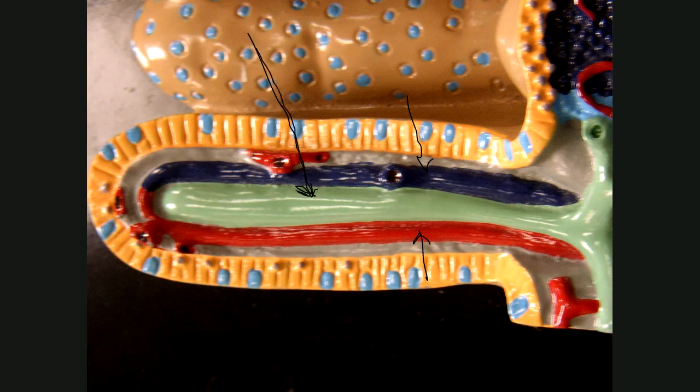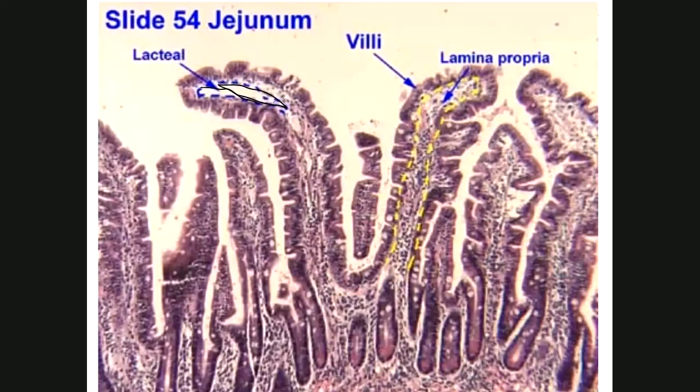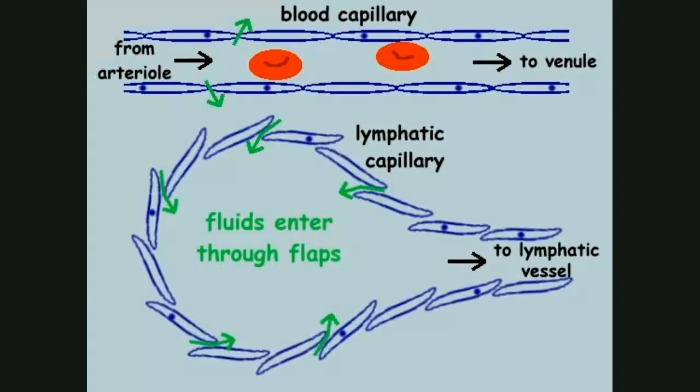Amino acids and glucose and things like that go into the blood, but fats go into this lacteal. And here's a real picture of it. There's the lacteal right there, in the middle.